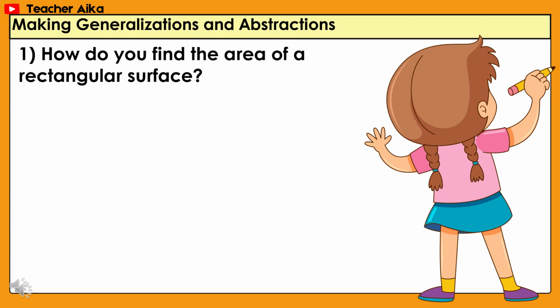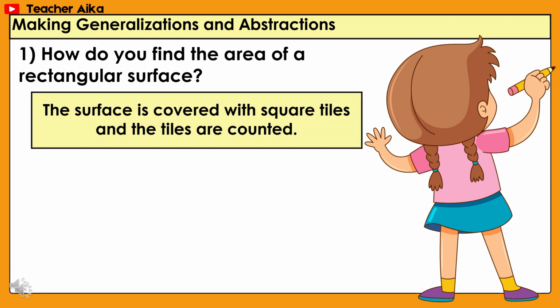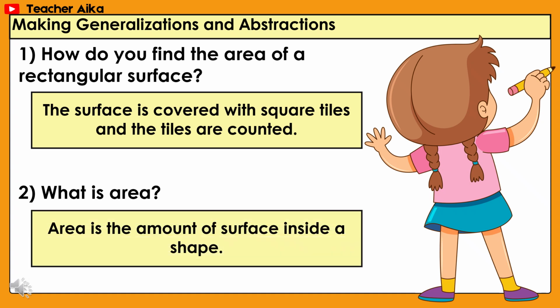Generalizations. 1. How do you find the area of a rectangular surface? Answer: the surface is covered with square tiles and the tiles are counted. 2. What is area? Area is the amount of surface inside a shape.